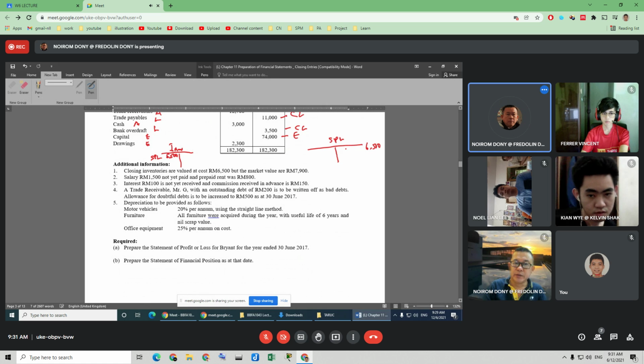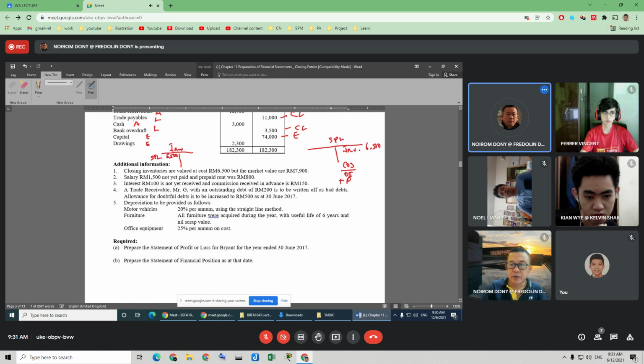correct? So inventory. But we are preparing SPL in a statement form. And since inventory is related with cost of sales, that is why it is presented together with cost of sales, where opening inventory plus purchases.